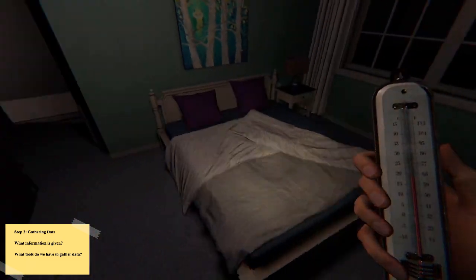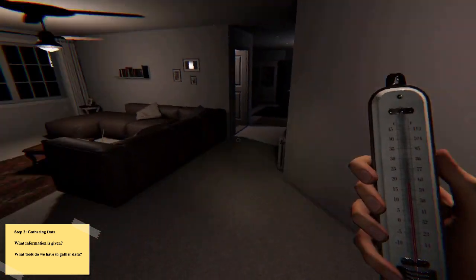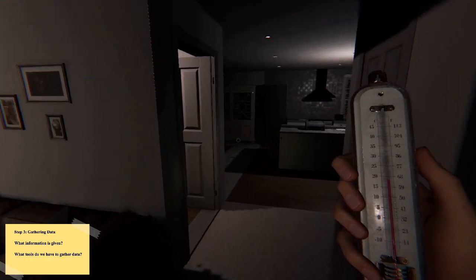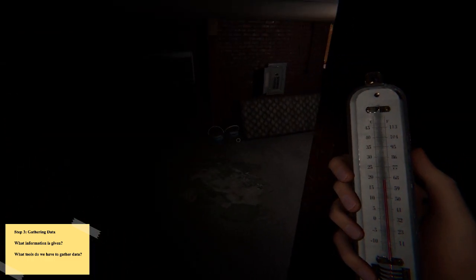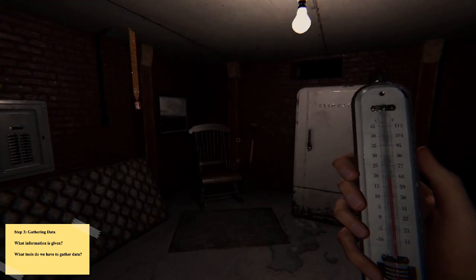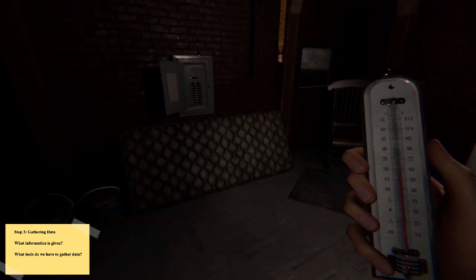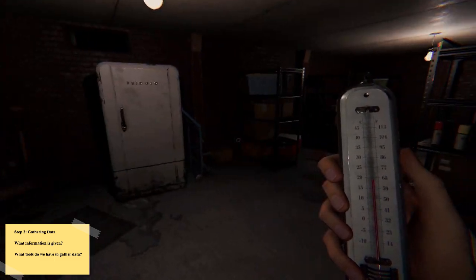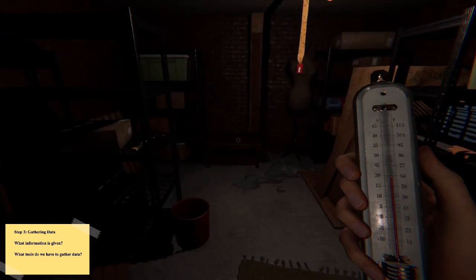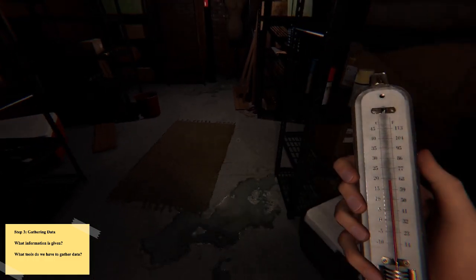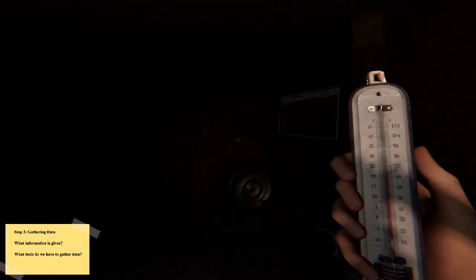Although, did the temperature drop when we were in the basement? Do we have a basement ghost? Maybe not.